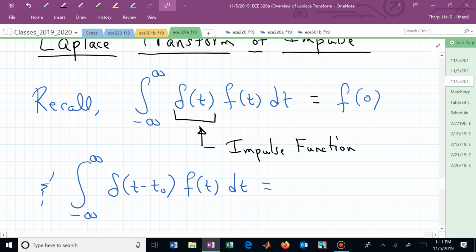When the argument is 0, when t minus t naught is 0, or when time t is equal to t naught. That's the only time that this impulse is going to have its non-zero value. That means that it's going to sift out of that integral the value of the argument that it's weighting or scaling at that particular instant of time when the impulse fires or is active.